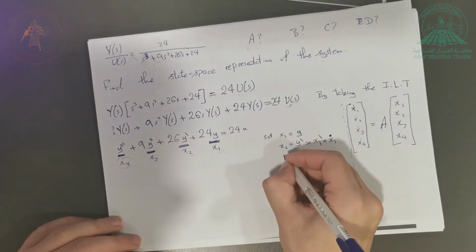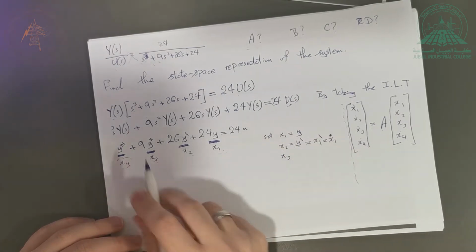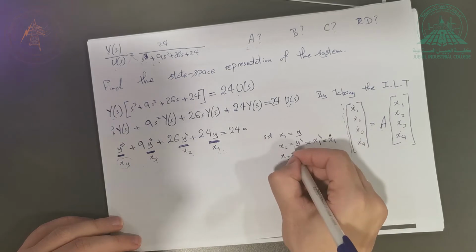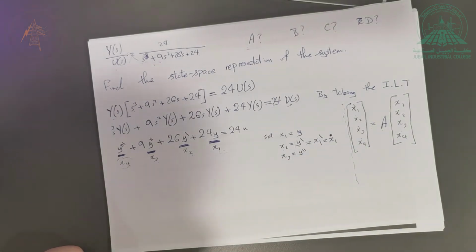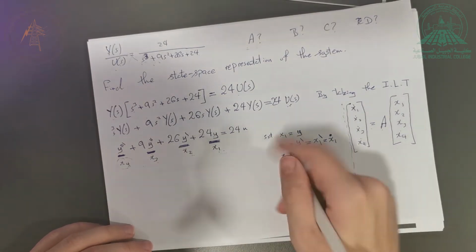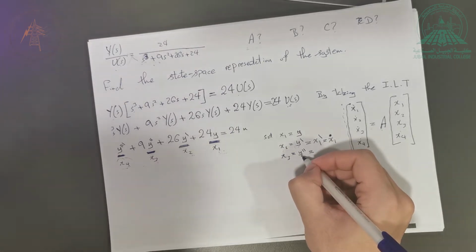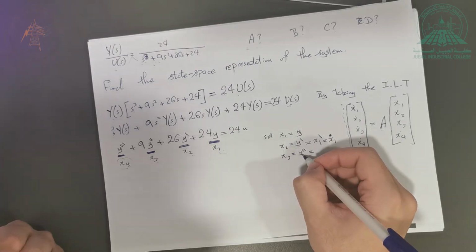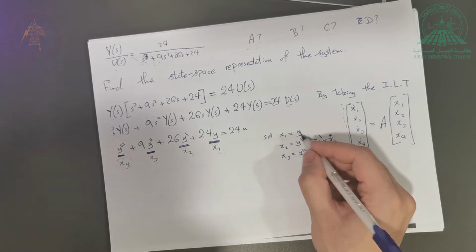How about x3? x3 is equal to y double dot. Do you agree? This is the second derivative of y, or it is the derivative of the derivative of y. This is the derivative of y, right?